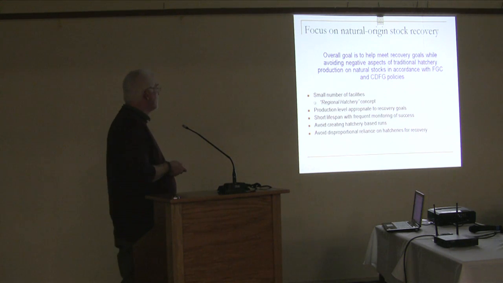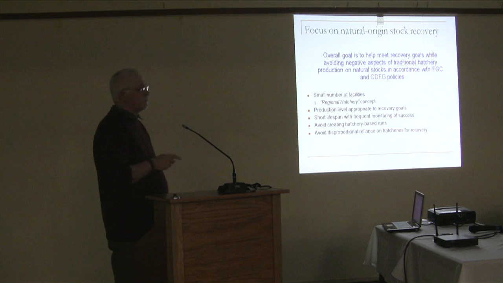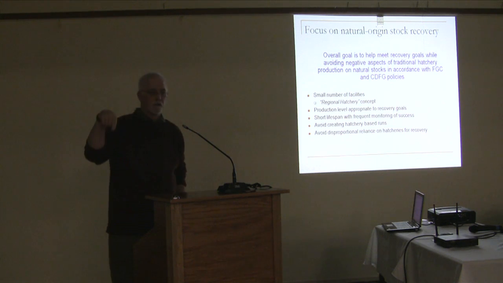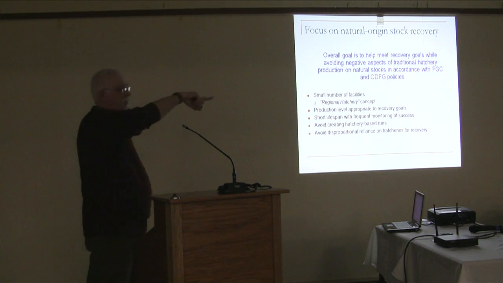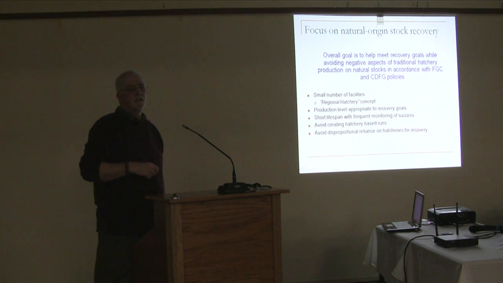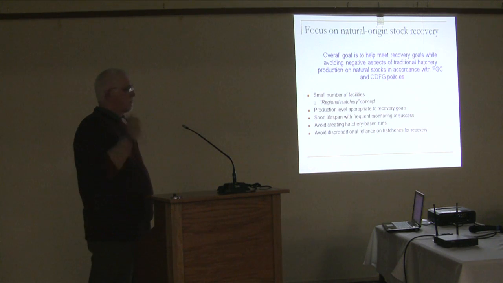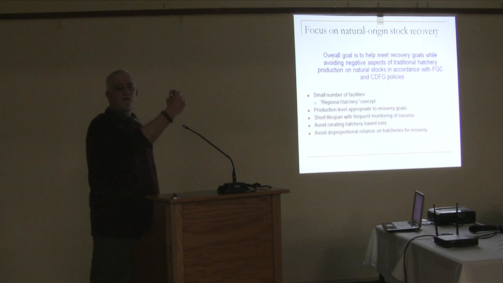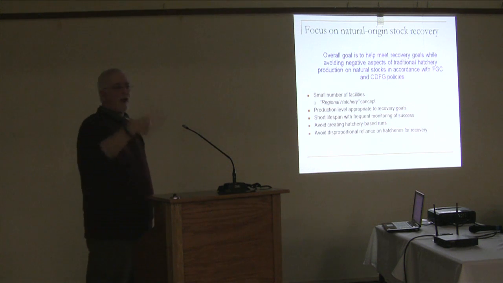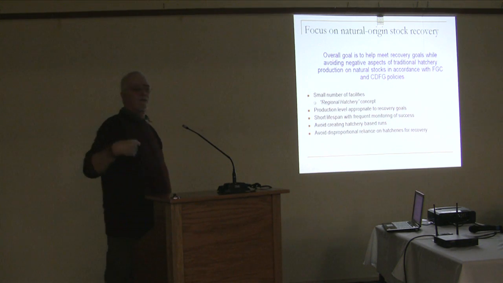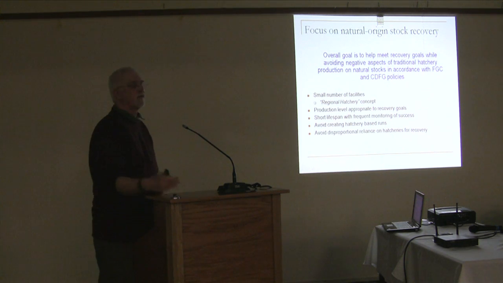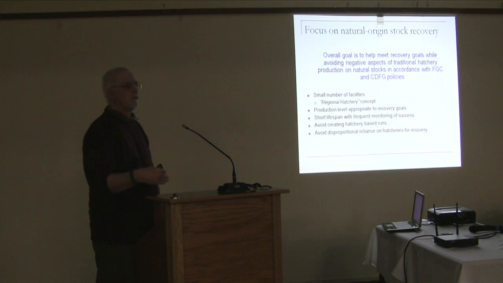These last two are difficult, and you can see that in many of the things that we were talking about yesterday, and in fact in some of the questions that were asked today, some of those things that you would propose to do don't get you away from hatchery-based runs. They push you towards them, or they push you towards a high level of unnatural activity in the stream.